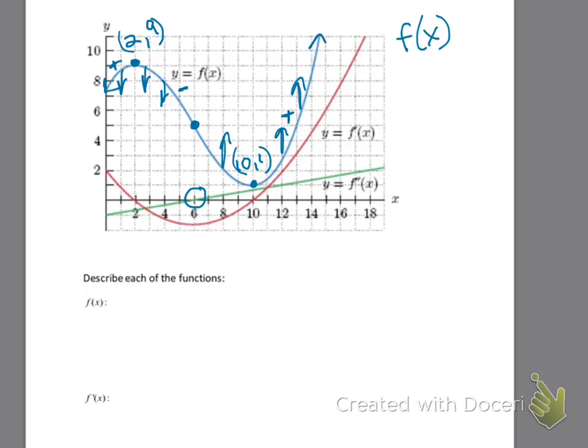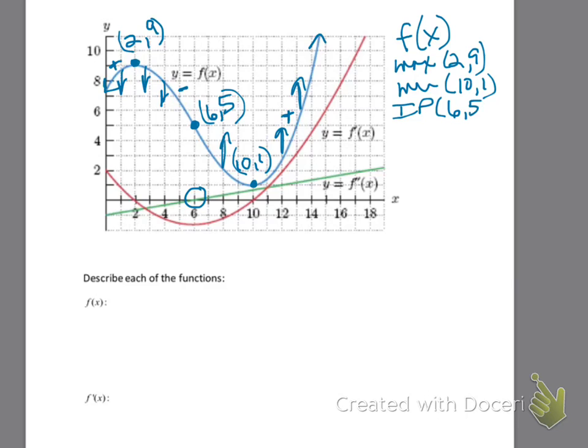So my inflection point is at the x value 6, and the y would be 5. So at 6, 5, I have an inflection point. So in terms of analyzing f of x, I can say max 2, 9. I can say minimum at 10 comma 1, inflection point 6 comma 5.